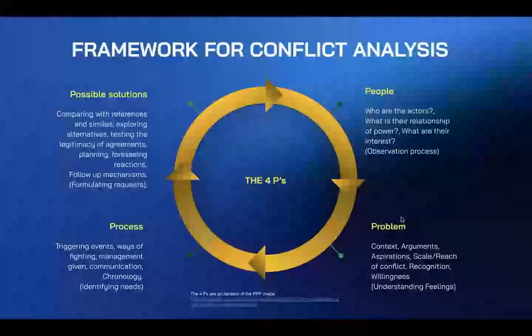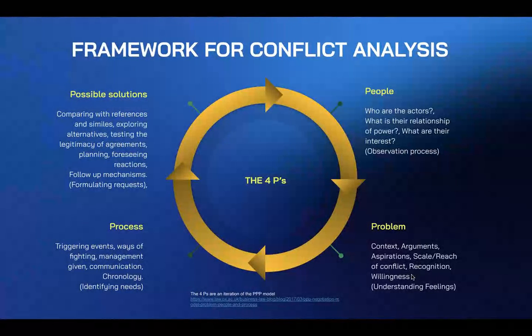Also, we try to frame the context that holds and gives space for the problem. What are the faced arguments? What are the aspirations, scales, and reach of the conflict? And is there recognition and willingness from the people to tackle the conflicts?